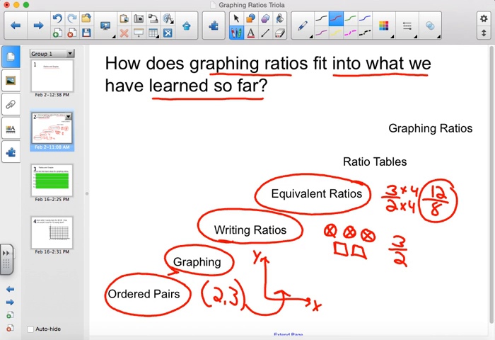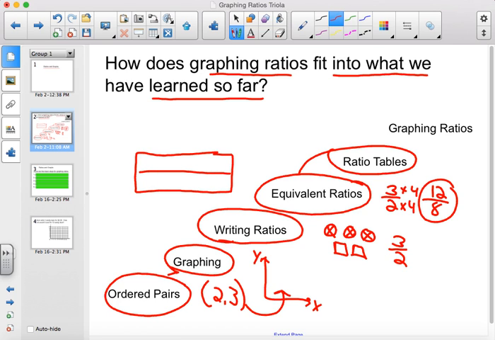Then we moved from there, we talked about ratio tables and creating ratio tables based on an initial ratio, such as 3 to 2, and how you could use multiplication or division to change the value so that it was proportional and still giving you the same relationship between the two numbers.